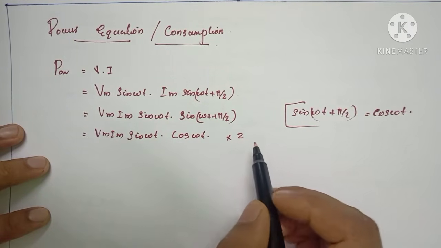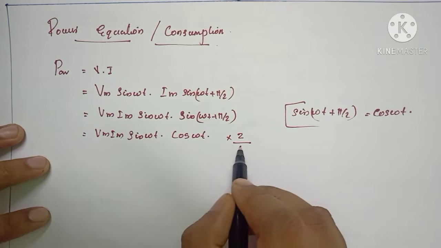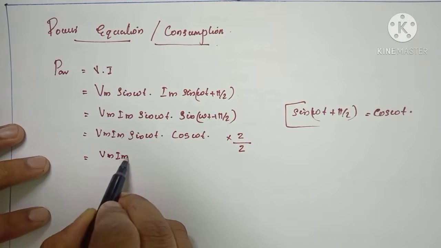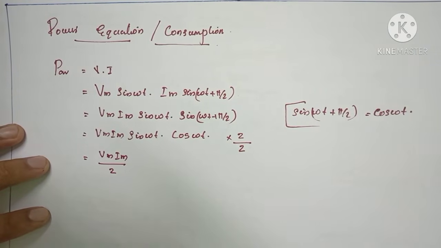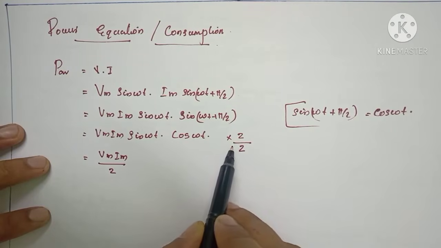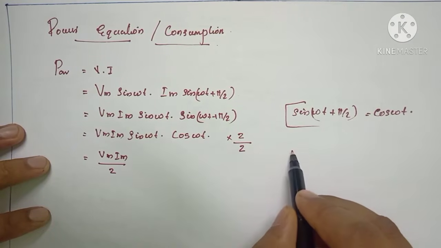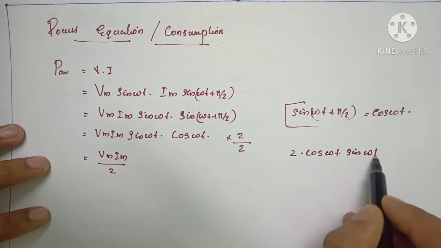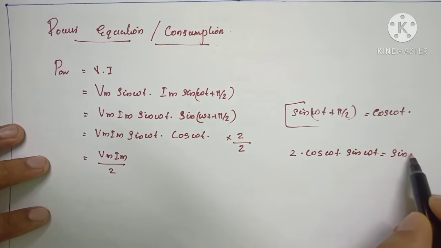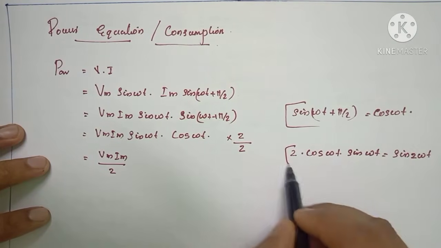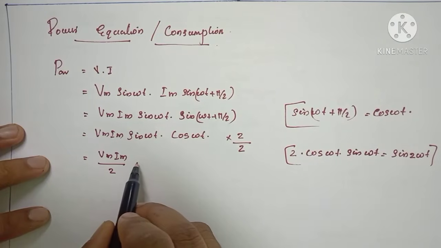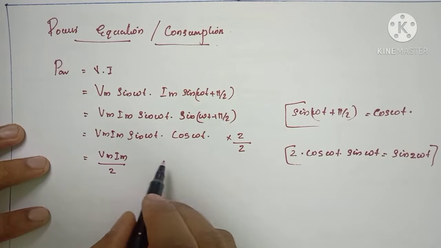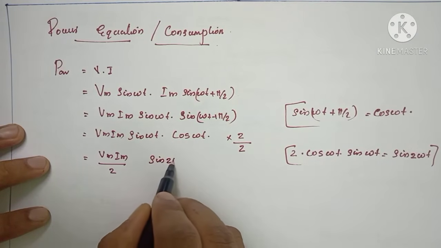If we multiply this equation by 2 and divide by 2, we can write it as Vm Im by 2 into 2 sin omega t cos omega t, and 2 cos omega t sin omega t is equal to sin 2 omega t.